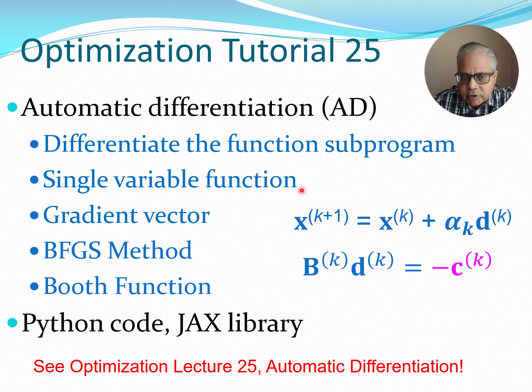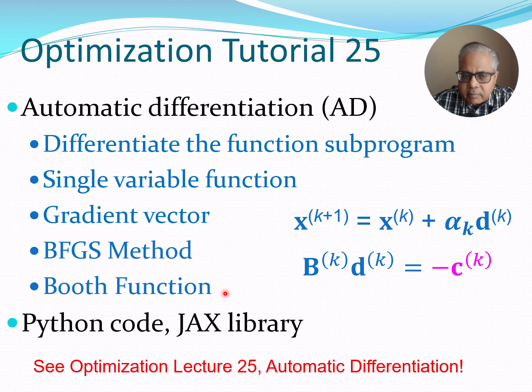Now we are going to show this for a single variable function, then for a gradient vector. We are going to use the method for the BFGS method, which is the optimization method for unconstrained problems given by this set of equations here. We are also then going to use the BFGS method and the Booth function, which is a test function, to check out this AD method.